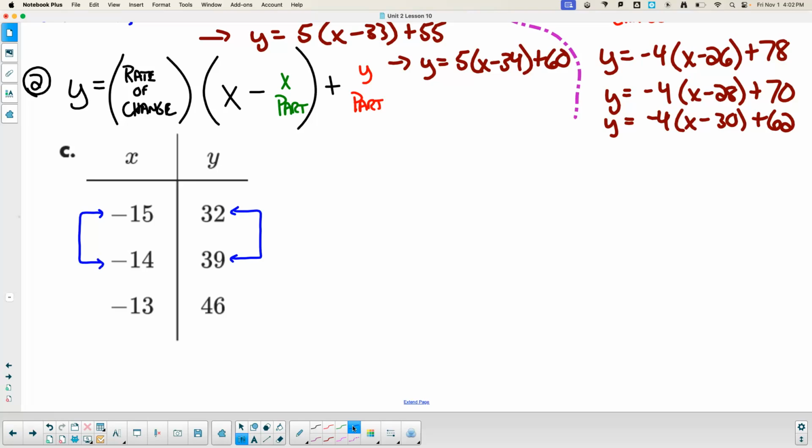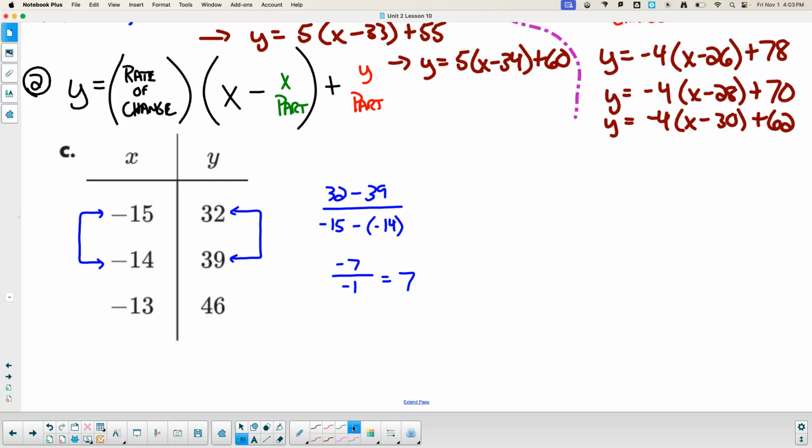Quick spot check here. I know it probably scared some of you because I was quiet there for a while. 32 minus 39 all over negative 15 minus negative 14 would be negative 7 over negative 1, which would be positive 7.